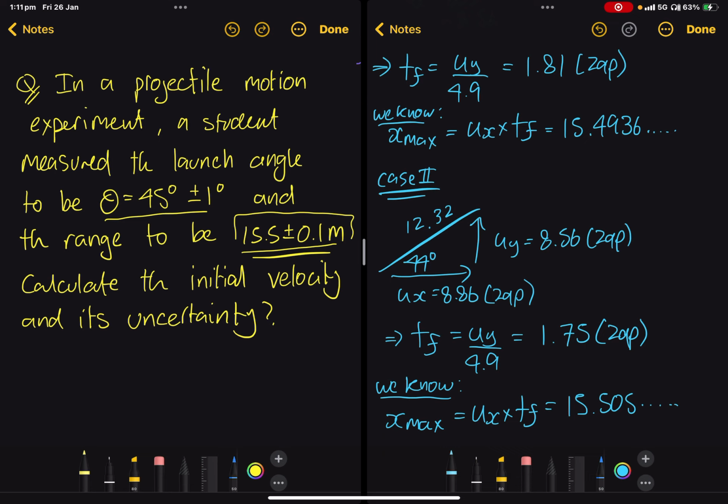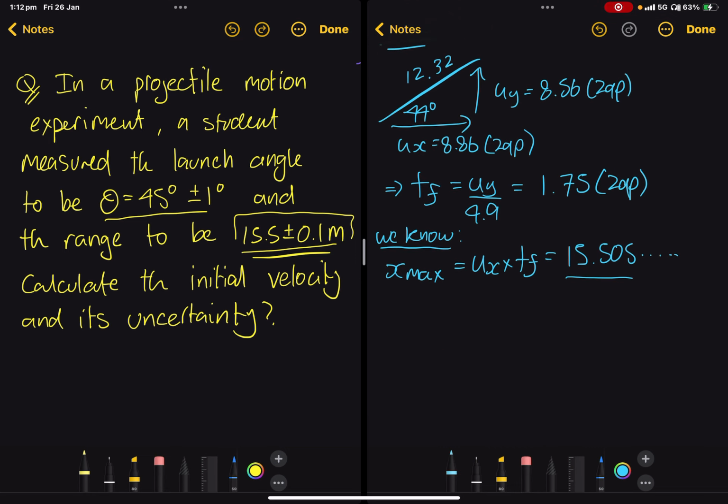Now, in order to do this properly, we need to work out which one of these is further from 15.5. From the look of it, it's going to be the first one. This is 15.5 minus 0.064.